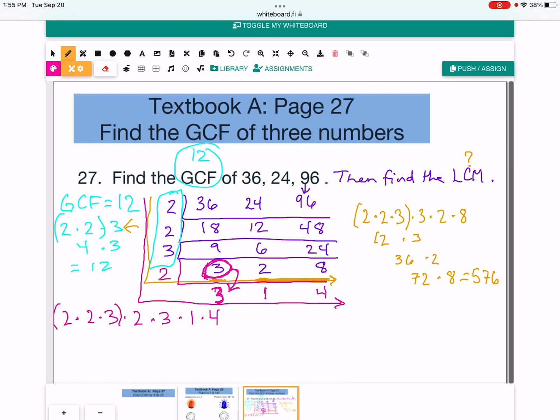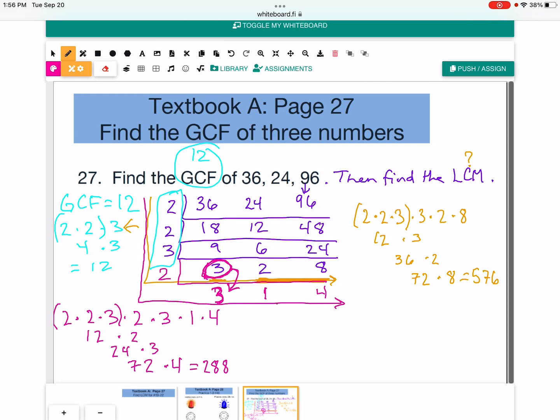We said 2 times 2 times 3 is 12, times 2 is 24, times 3 is 72, times 1 is nothing, times 4. So 72 times 1 is 72, so I can just drop the 1 at that point. And then 72 times 4, how do I do that? In my head, I know that 7 times 4 is 28, so 7 tens times 4 is 28 tens, plus 2 times 4, which is 8. So 28 tens is 280, and 2 times 4 is 8, so that's 288.